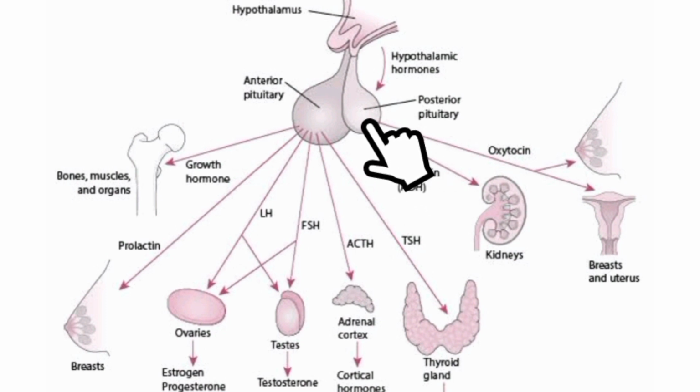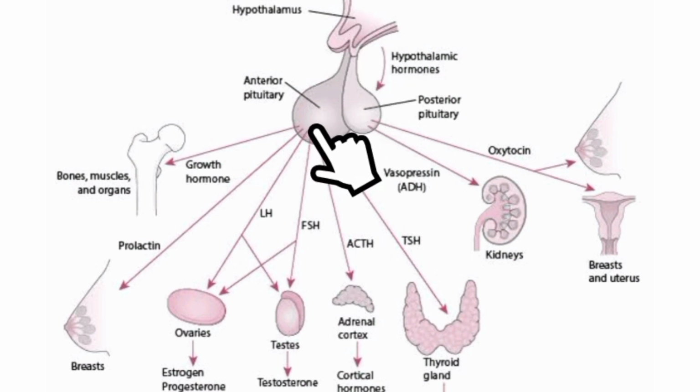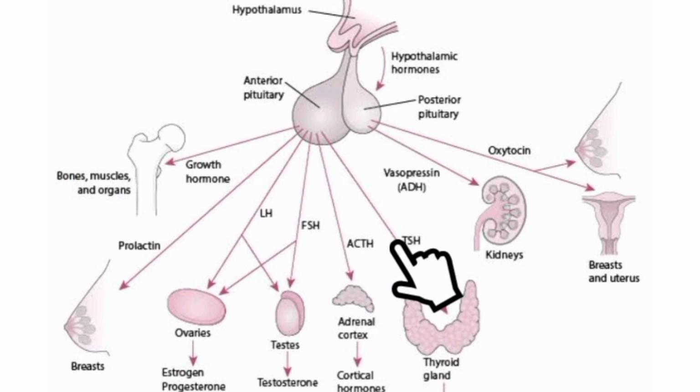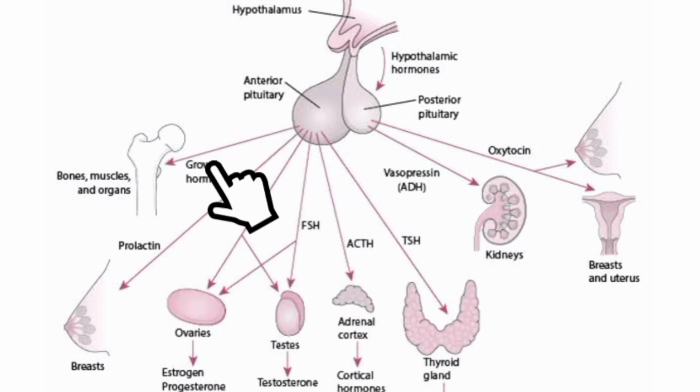These will be stored in the posterior pituitary, and the rest of the hormones from the hypothalamus will travel via blood into the anterior pituitary, which includes growth hormone, prolactin, luteinizing hormone, adrenocorticotropic hormone, and thyroid-stimulating hormone. As I said earlier, the functions regarding growth hormone include growth of the bones, muscles, and organs of the body. Then prolactin has a role in milk production from the breast.